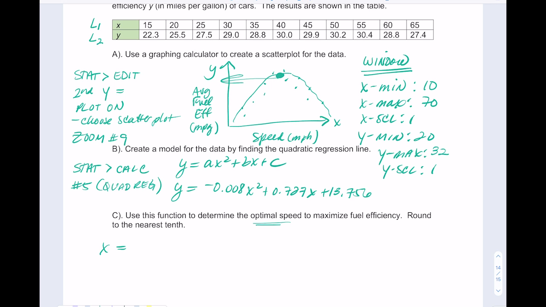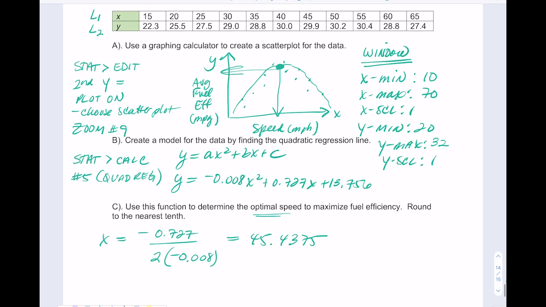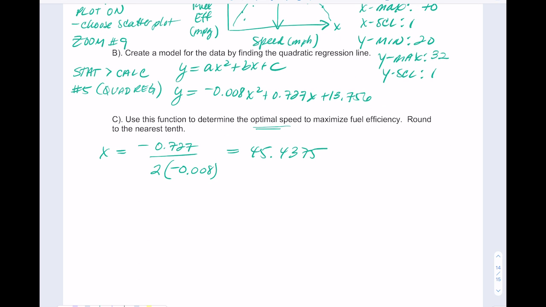So I'm finding what speed is going to maximize it. I'm going to do negative b, b is 0.727, over 2 times a, and a is negative 0.008. And when you do that, you get something like 45.4375. So the optimal speed to maximize fuel efficiency is about 45, 46 miles per hour.